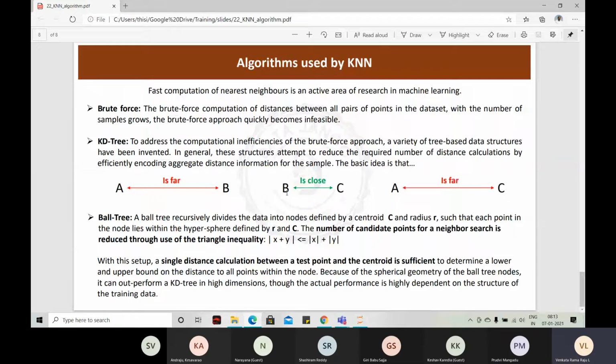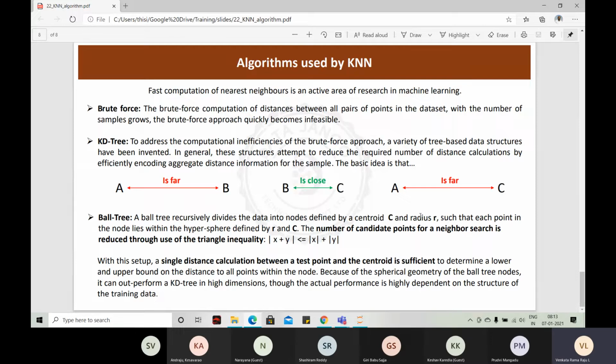And there is another algorithm called ball tree. This is a bit confusing; I get confused whenever I come here. A ball tree recursively divides the data into nodes defined by a centroid C and radius R. It considers one data point, some A or B, as a centroid, and then takes a distance measure R and tries to form a group there.